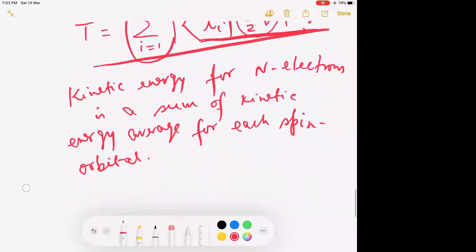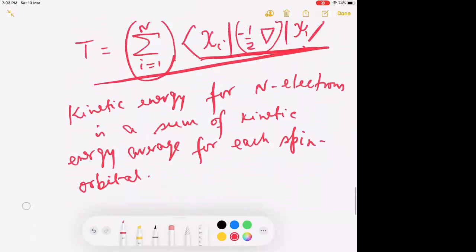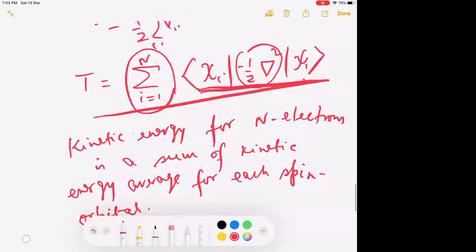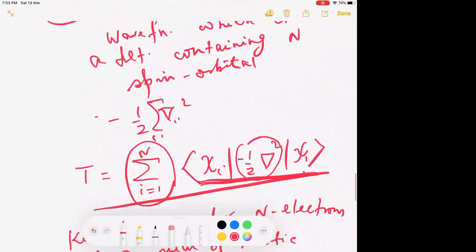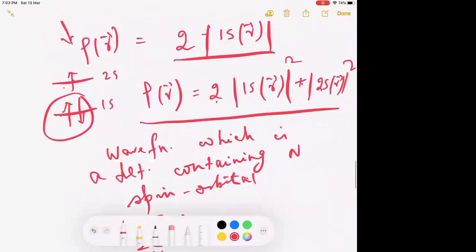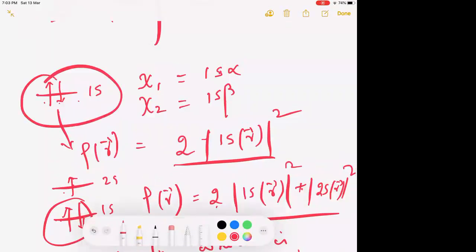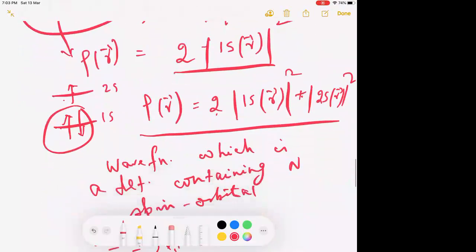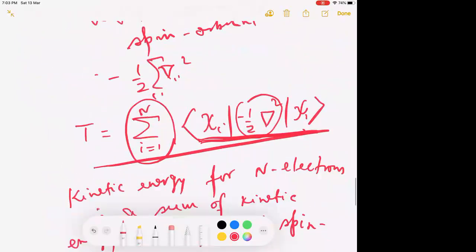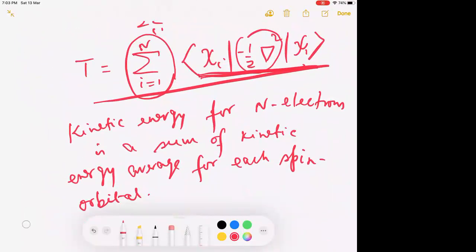So basically, I'm summing over the individual kinetic energy of the electrons. So it is very simple. If I have a system like helium, then I have one electron in 1s alpha and one in 1s beta. I find out the kinetic energy for 1s alpha and the kinetic energy of 1s with beta. Of course, they will be identical for alpha and beta. So you just sum them up. That is exactly what is done. So what is the kinetic energy? Do this integral.